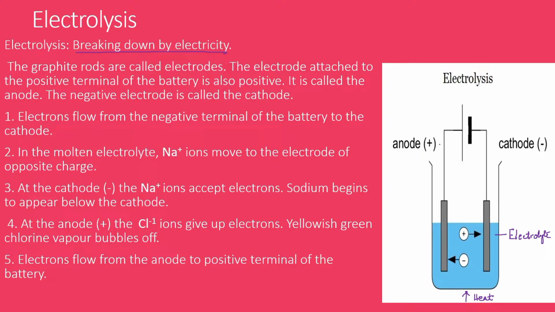It has a positive terminal and a negative terminal. The electrode which is connected with the negative terminal of the battery gains a negative charge and it forms the cathode. The other electrode which is connected with the positive terminal of the battery is called an anode and has a positive charge on it.